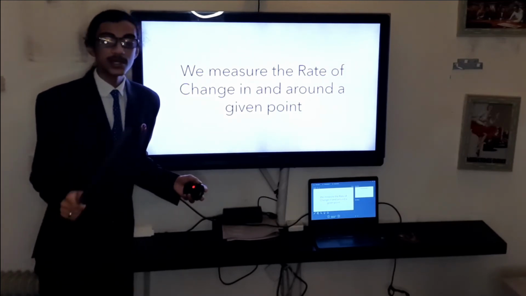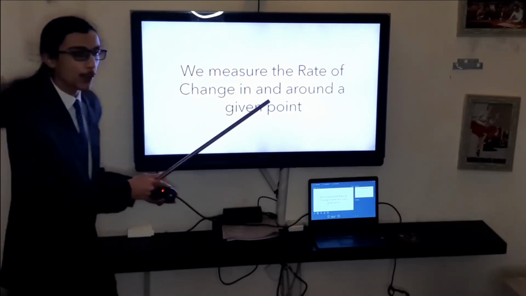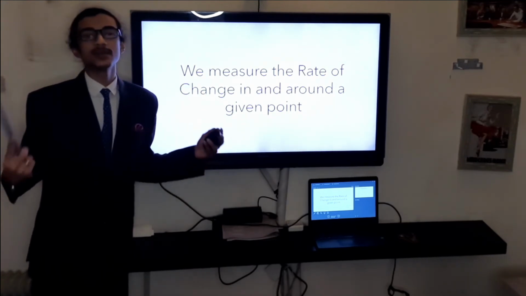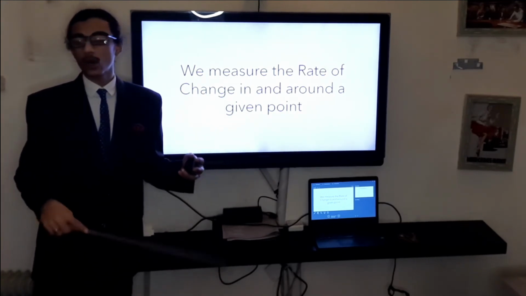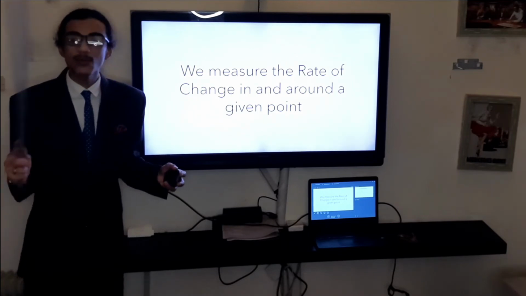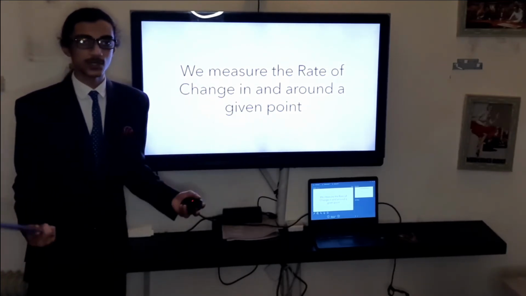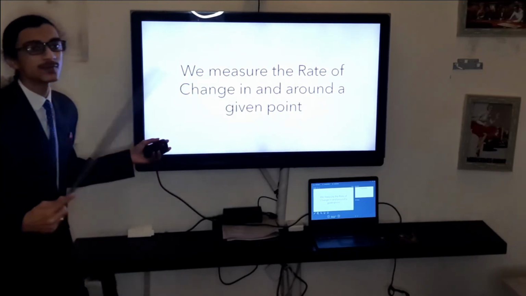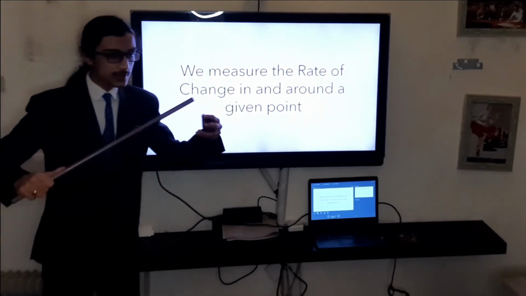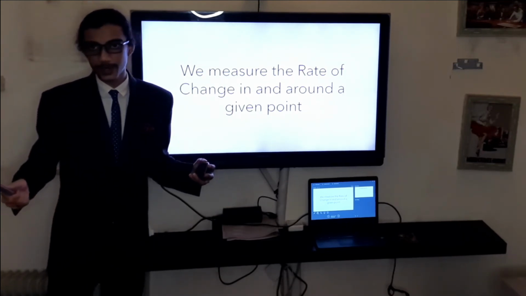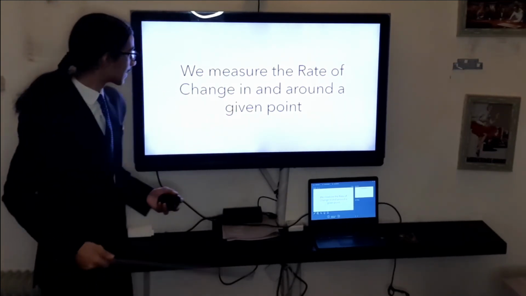So instead, we're going to measure it in and around a given point. So at x equal to 2, in and around x equal to 2, what is the rate of change of the function? Or at x equal to 4, in and around x equal to 4, what is the rate of change? So this is what the output of that function might be. It is the rate of change in and around different points. That's the way to conceptualize it.